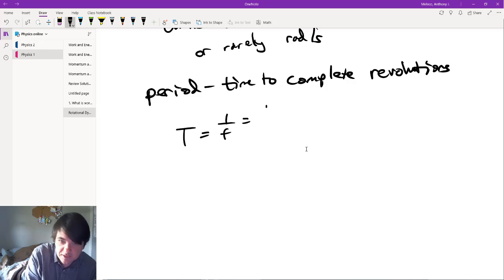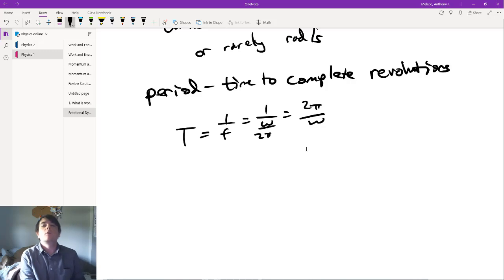If you're using half revolutions, you're going to just talk about angular velocity and angular position. So here's the period. Units are seconds.